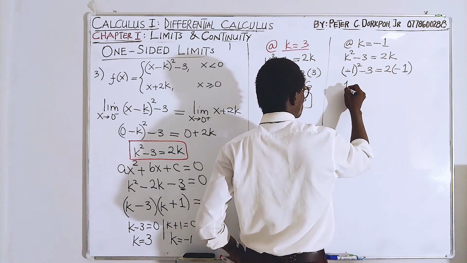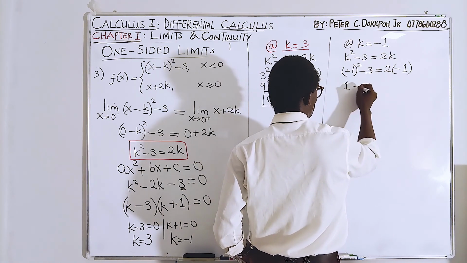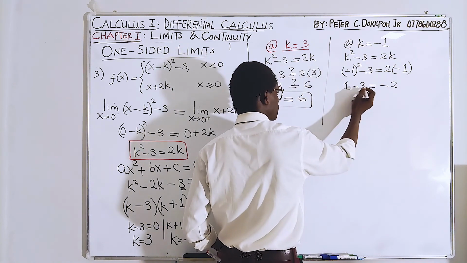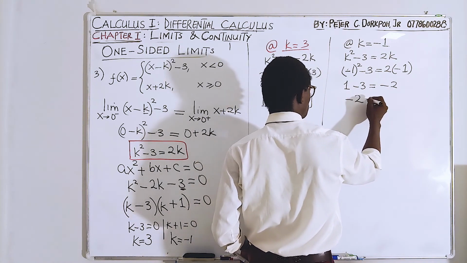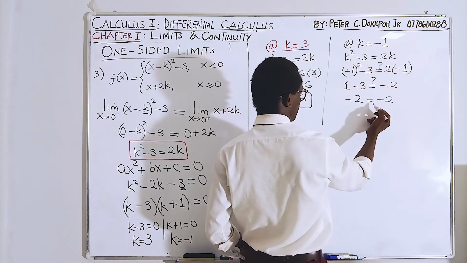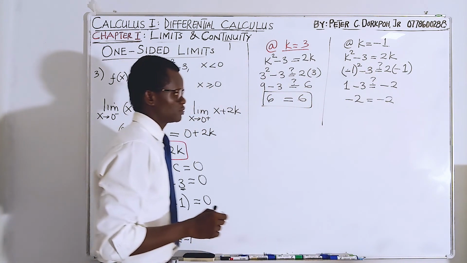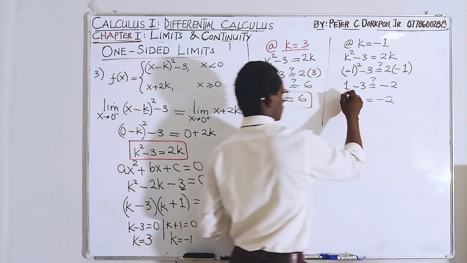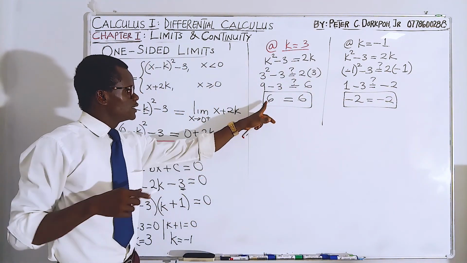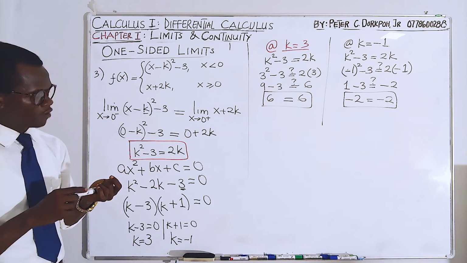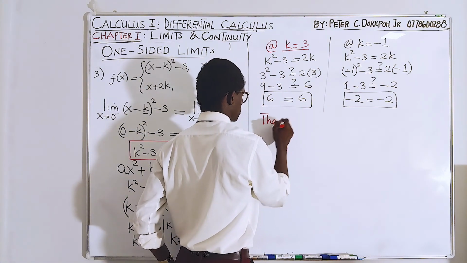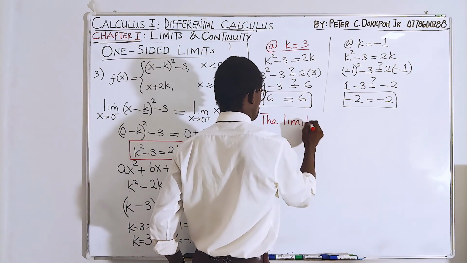Minus 1 times minus 1 is positive 1, minus 3, so this is minus 2. 1 minus 3 is minus 2, equals minus 2. So here we can put the question mark, and at the end we just maintain it as it is. So minus 2 equals minus 2, and 6 is equal to 6. Therefore, we conclude that the limit does exist.